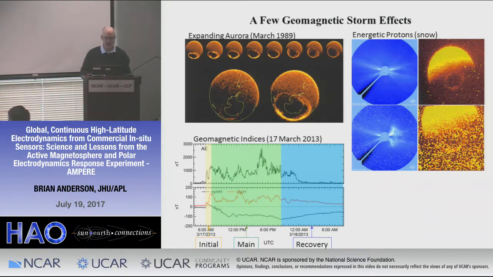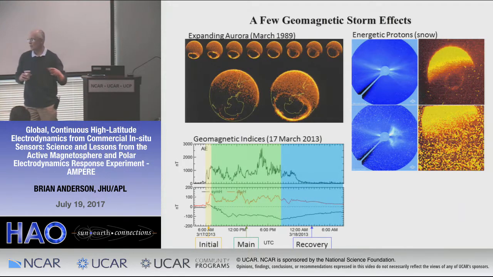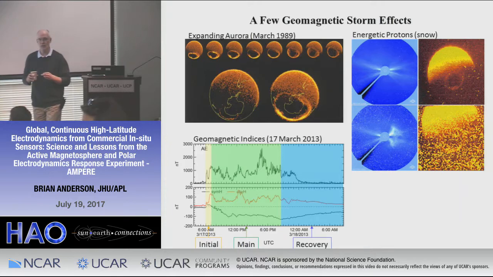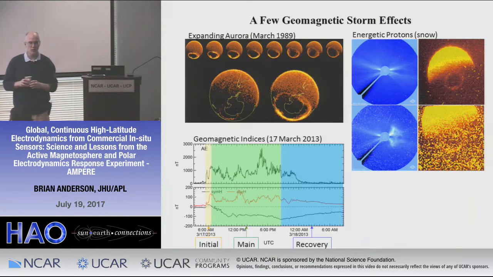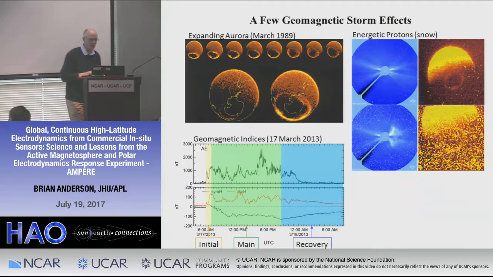Let's think back now to almost prehistory, certainly the previous millennium, because that's where the germ of these ideas came from. Think back to what we knew back in the 1900s about the storm time system.